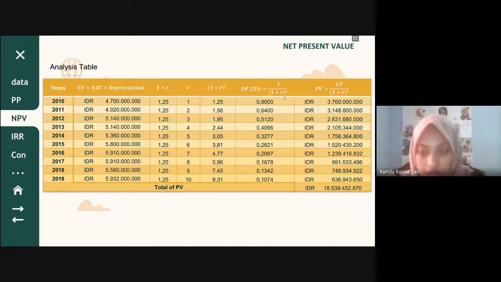Last, we calculate the present value with this formula: PV is equal to CF over 1 plus R power T. The value for each year is shown in the table. Next we calculate the total of present value, and we get this one.